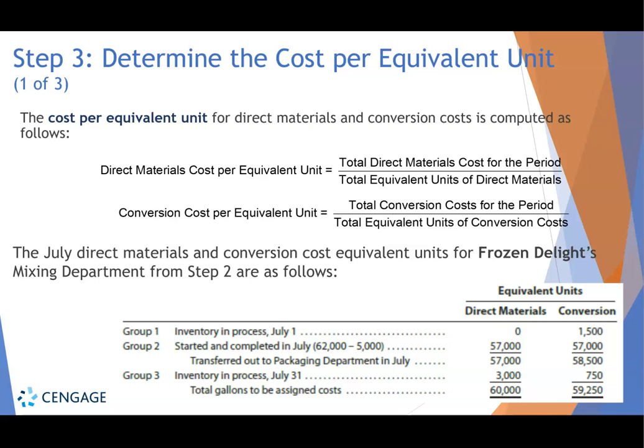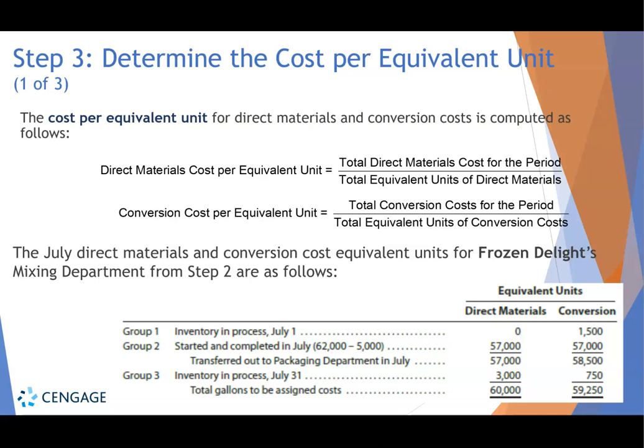Here we're showing the cost per equivalent unit. So the cost per equivalent unit for the direct materials and conversion cost is computed as you can see here.